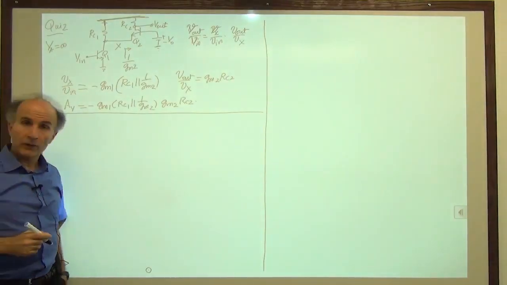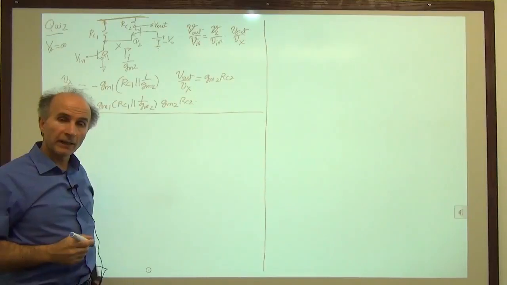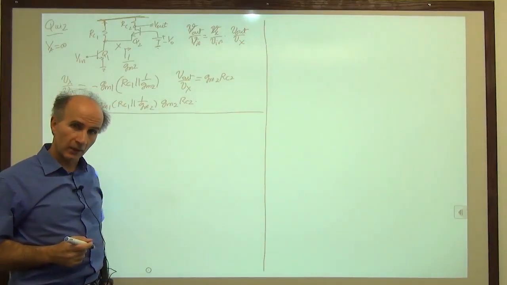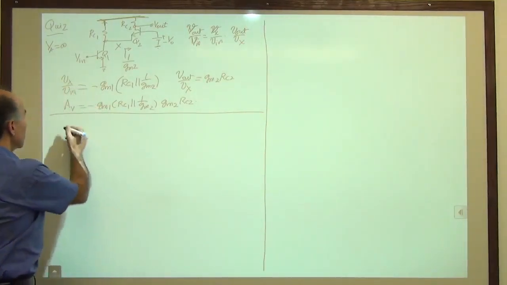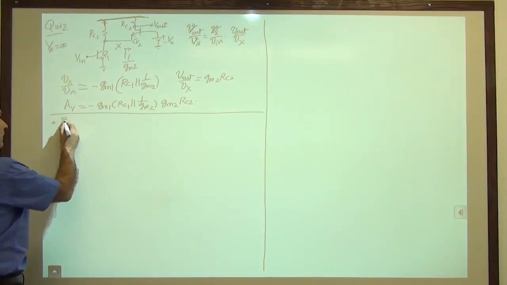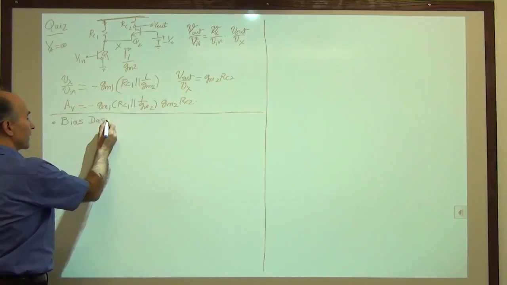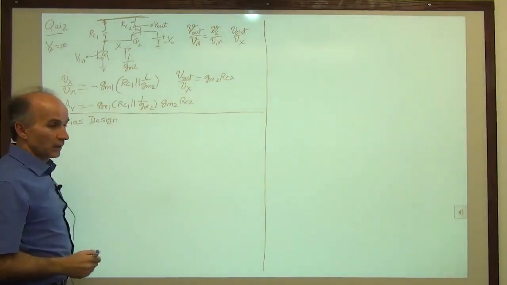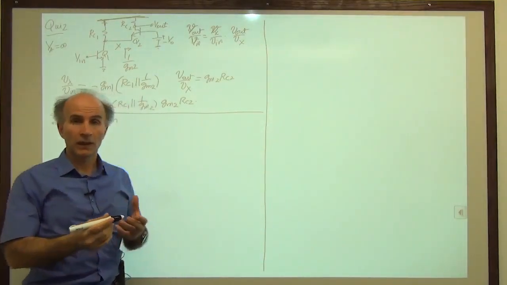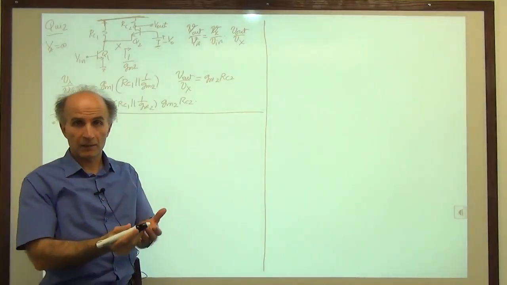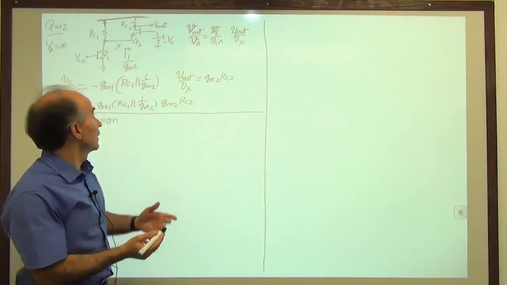All right, we are now ready to look at the bias design for a common base stage. So let's go to bias design. The principles are the same as what we did for the common emitter stage. We realized that somehow we need to generate a bias for the base, so we use the resistive divider. Here is the same thing.